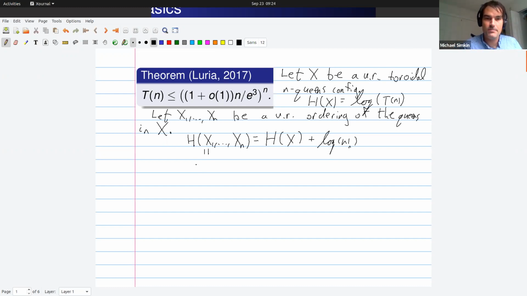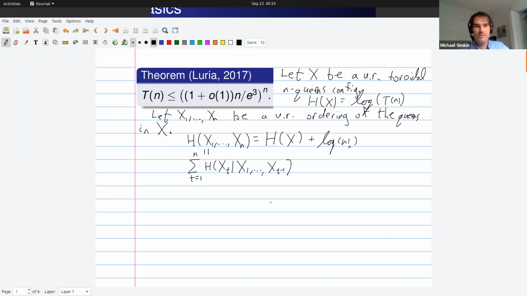This is an inductive application of the entropy rule. The entropy of this sequence would be the same as the sum from 1 to n of the conditional entropy of xt given all of the previous queens.